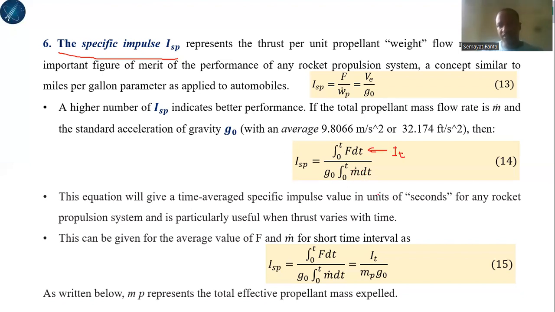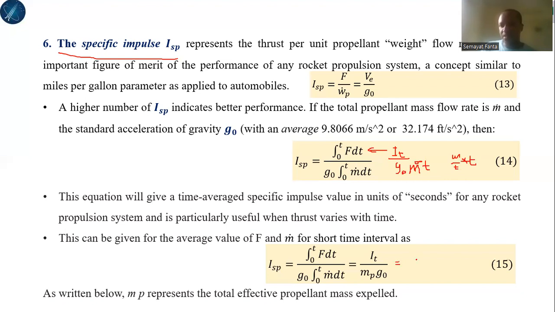From this we get G naught times M. M dot times T is M, because M dot means mass per unit time, so multiplying by time leaves mass. So what we get here is that.